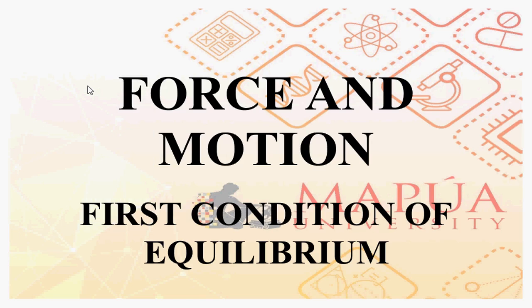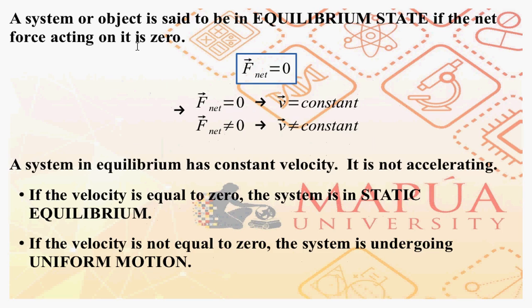So, continuing with our discussion on force and motion, we now take a look at the first condition of equilibrium. A system or object is said to be in equilibrium state if the net force acting on the object is equal to 0.